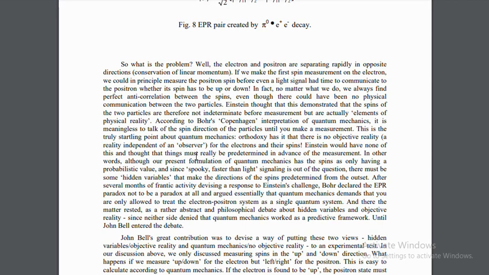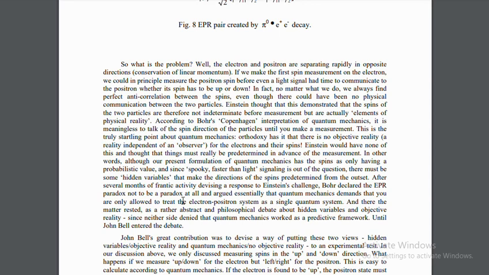In other words, although our present formulation of quantum mechanics has the spins as only having a probabilistic value, since spooky faster than light signaling is out of the question, there must be some hidden variables that make the directions of the spin predetermined from the outside.